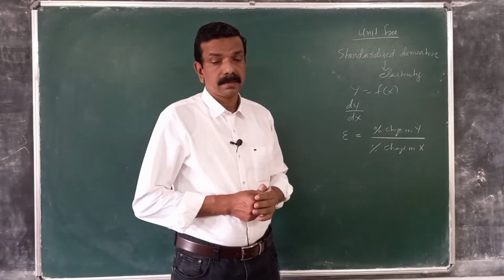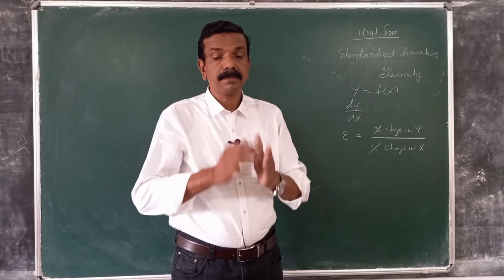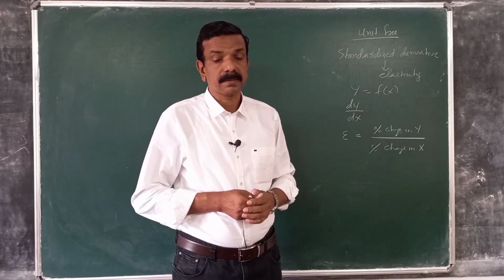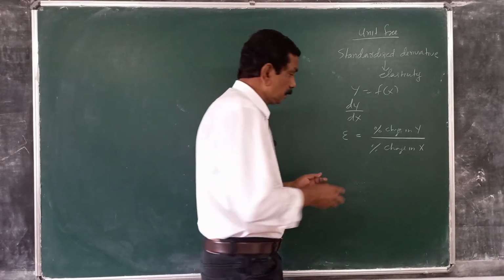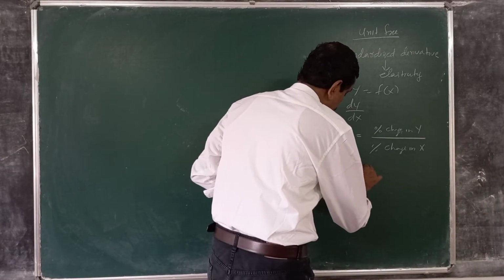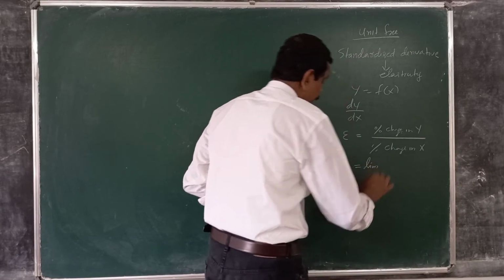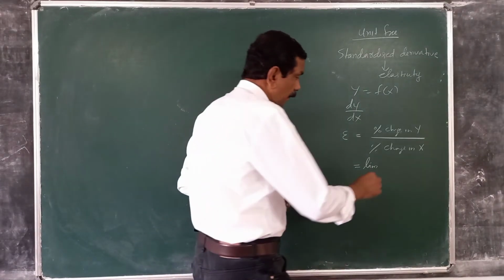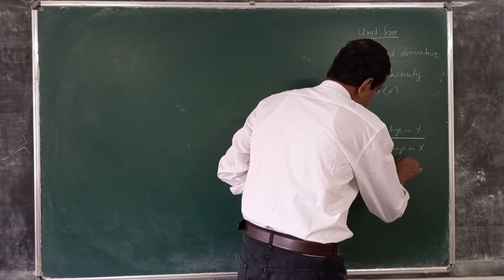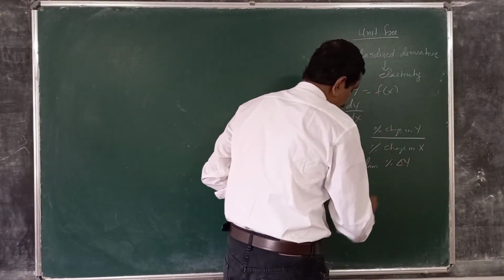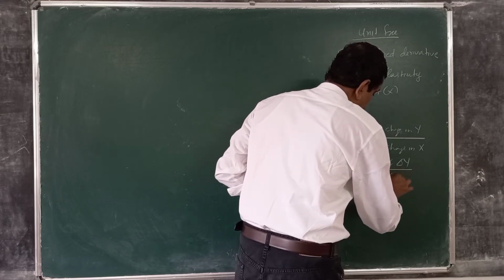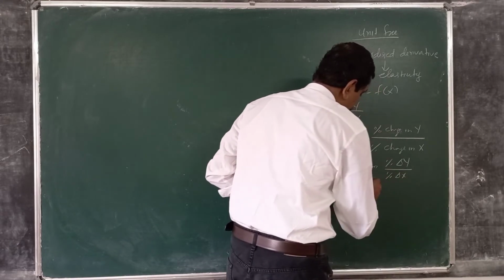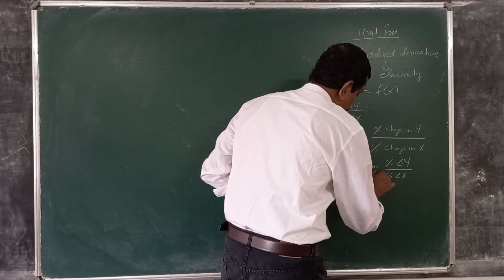percentage change in y divided by percentage change in x, or it is the limit of percentage change in y divided by percentage change in x as delta x approaches 0.